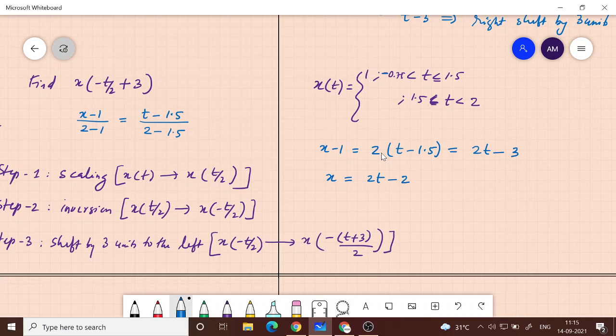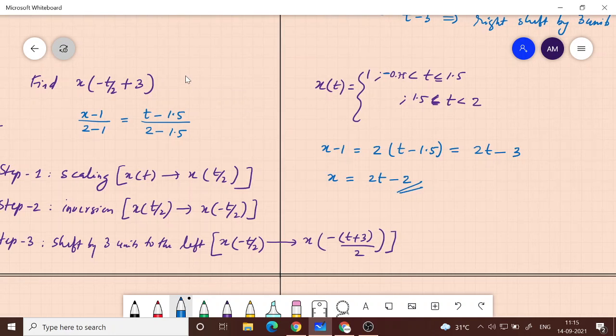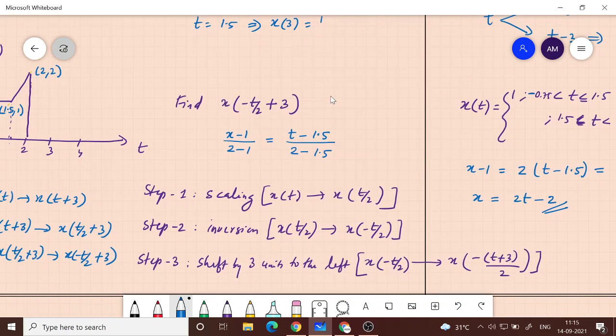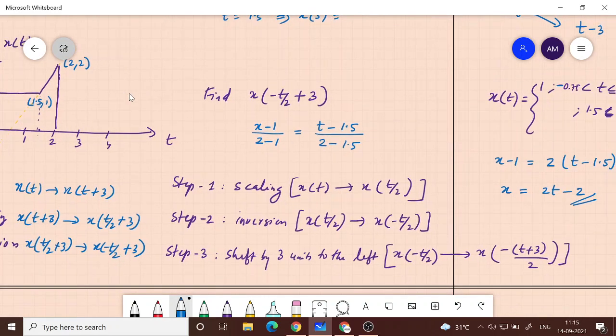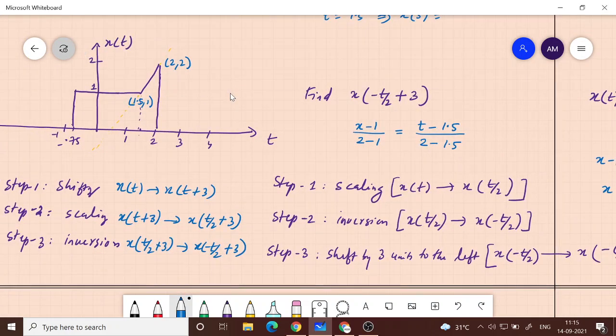So this is the expression: x is 2t minus 2. You can see that the slope is 2. In half a unit it is jumping by 1, so slope is 2. The y-intercept is minus 2. It doesn't look like that from my drawing, but okay.